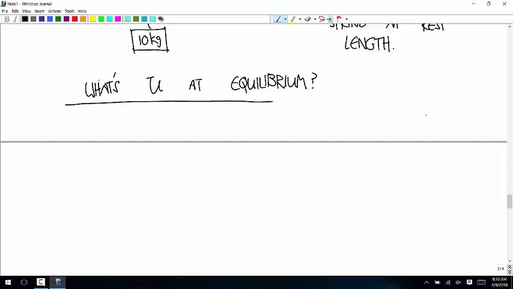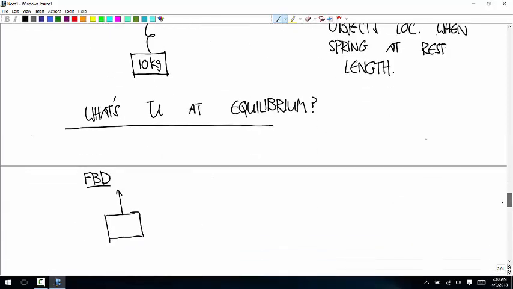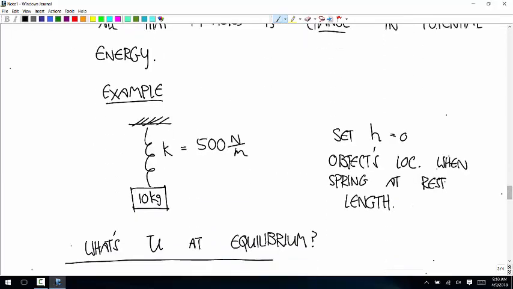Okay, so first we have to figure out how long the spring is. So a free body diagram. We have an upward force of negative 500 times x, and let's say our x direction is positive up.